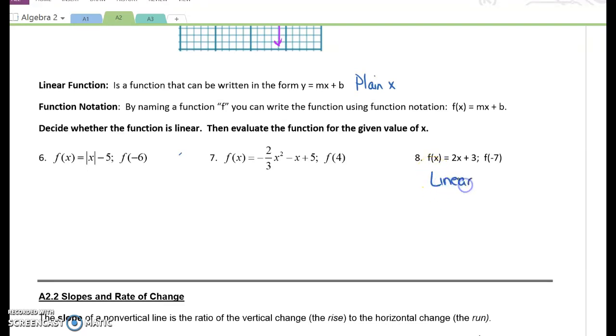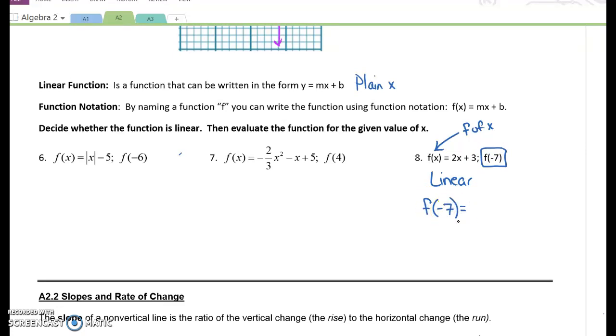What does this f thingy mean? This says f of x. It's a fancy way of saying y equals. That's all it is. Next, they want us to evaluate this function for the given value of x. They want us to do f of -7.